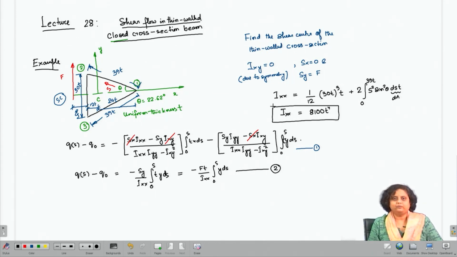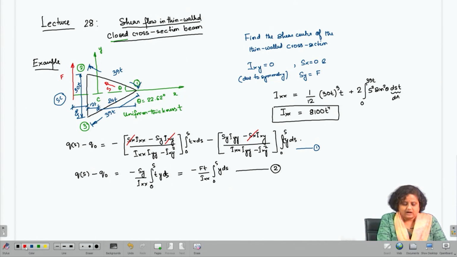Let us now try to find out the shear flow in all the portions of the cross section. So, let us start by saying that Q1 is equal to Q0.